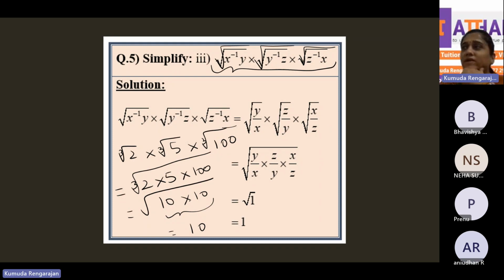So 2 fives are 10, and 100 here. Let me write this 100 as 10 into 10. So from 3 tens, 1 ten comes out of the cube root, and the value is 10.